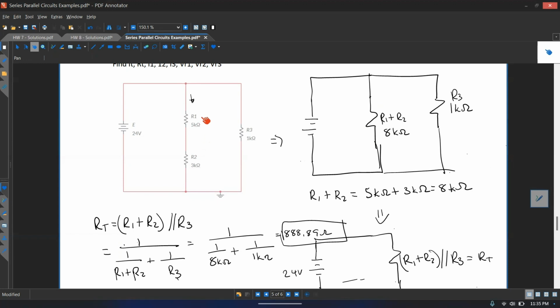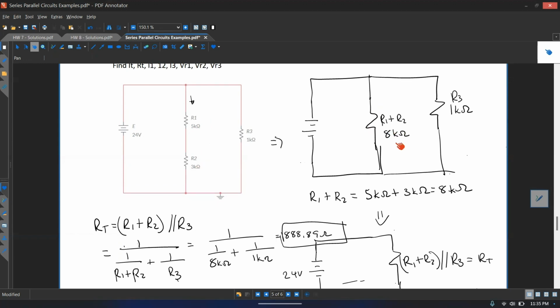But we know that this current is going to be the same. So regardless if you have them separated or combined, it's going to have the same current. So we can actually use this circuit right here to find the current that's flowing through R1 and R2. And the easiest way to do that is to use Ohm's law, because we know the voltage across this series combination of R1 and R2 because it's in parallel with the source.